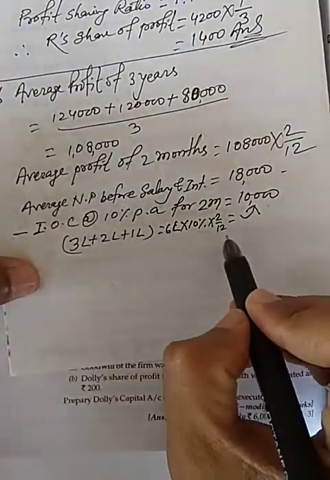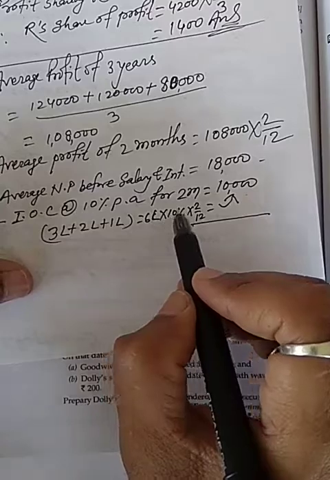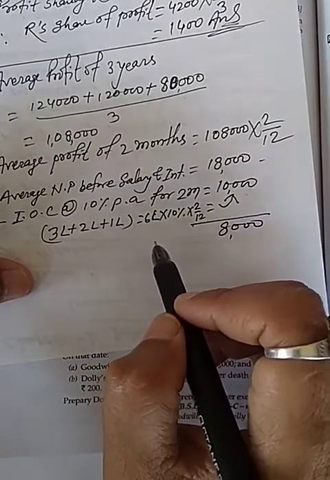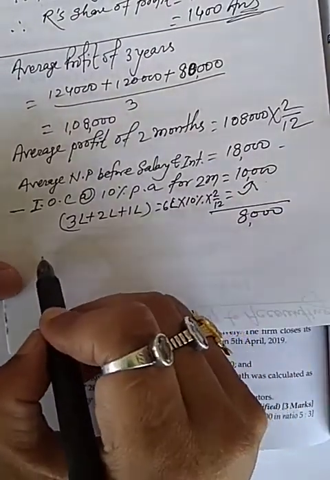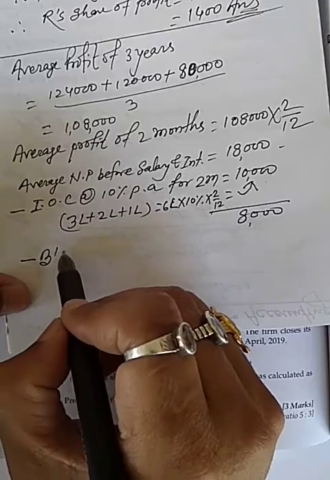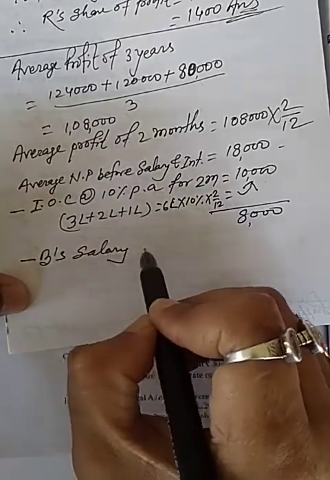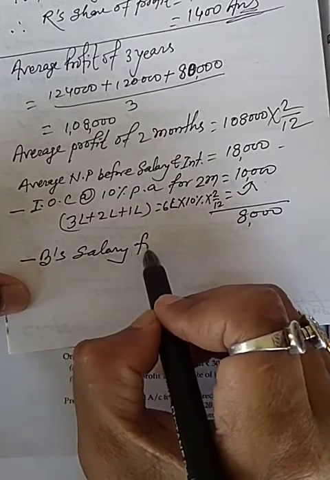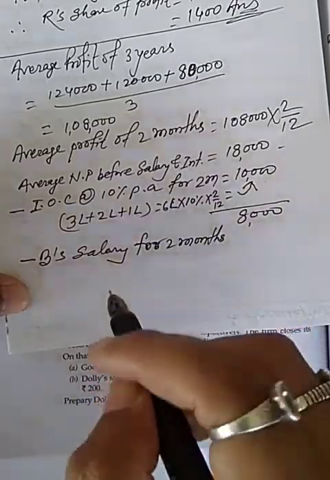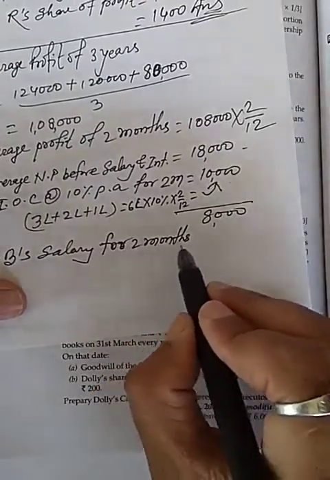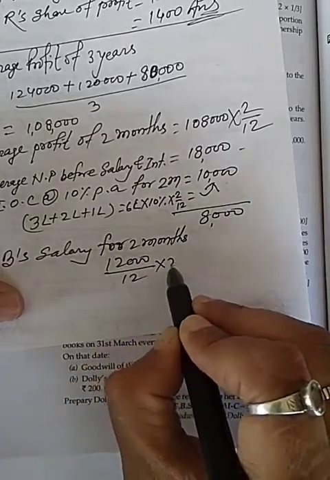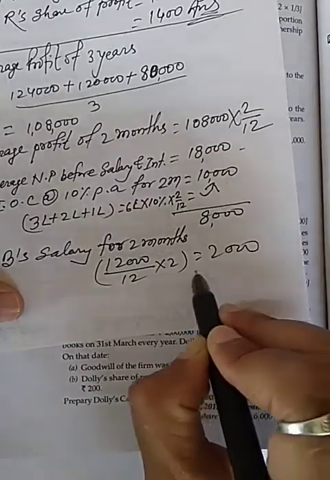Now I will deduct interest on capital, then the remaining profit will be 8,000, and B's salary also will be deducted. B's salary for 2 months will be 12,000 by 12 into 2 equal to 2,000.